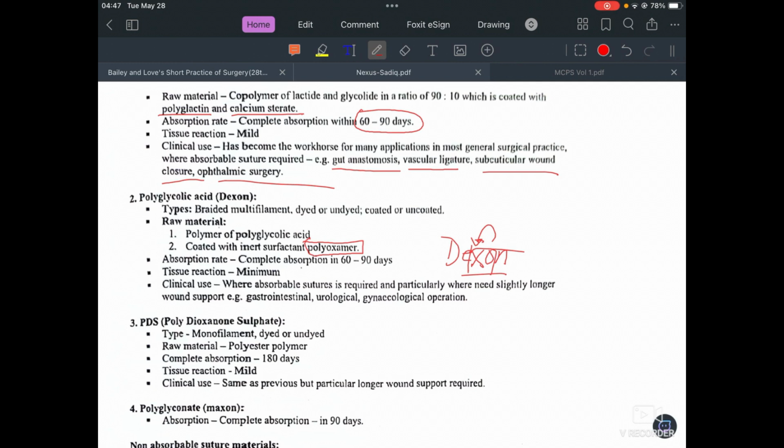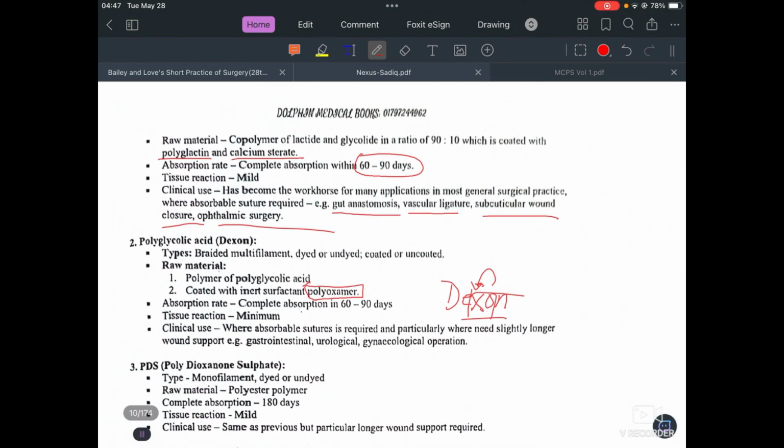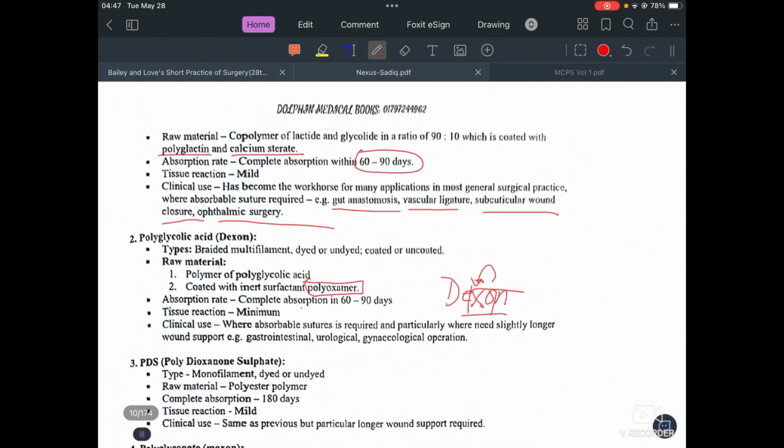This is actually polyglycolic acid, Dexon, polyglycolic acid coated with polyoxamer. So what is Dexon? Dexon is the polyglycolic acid coated with polyoxamer.